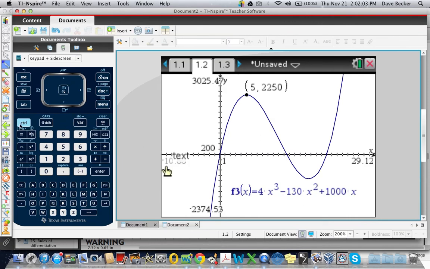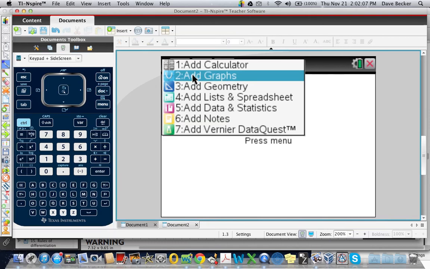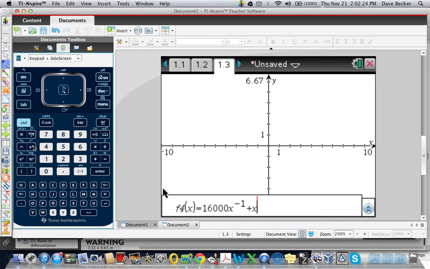Let's add a graph. Okay, so that's going to be 16,000 for my surface area, x to the negative 1, I did this a little backwards, and that is plus x squared. And let's just take a look at that graph. And we think the minimum occurs at 20.